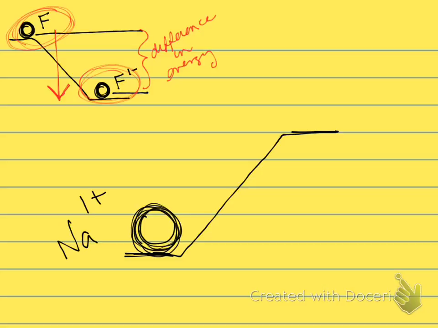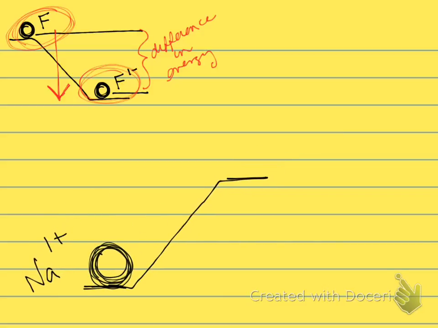So this is sodium that's already lost an electron, and it's got a +1 charge. That sodium 1+ ion is more stable, lower energy, than the sodium that had all of its electrons, the neutral sodium. So it's lower energy, it's downhill from the neutral sodium.